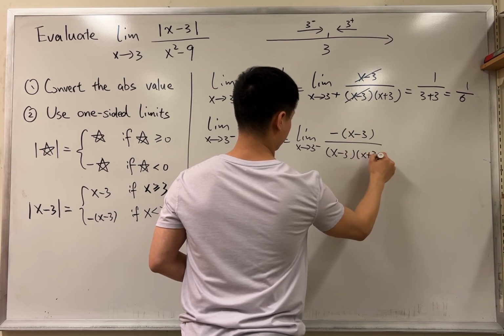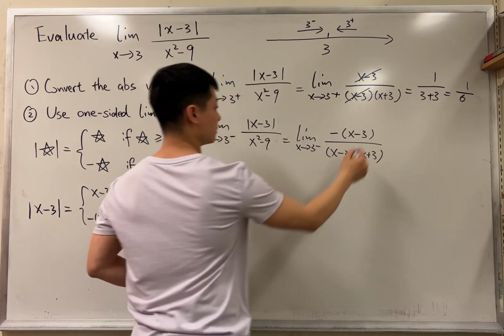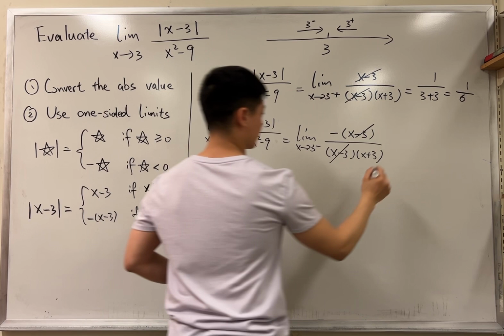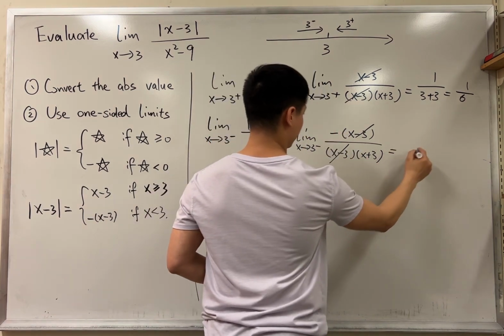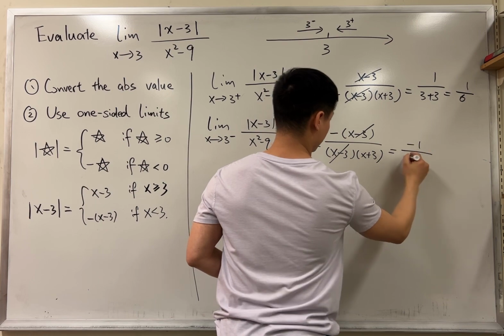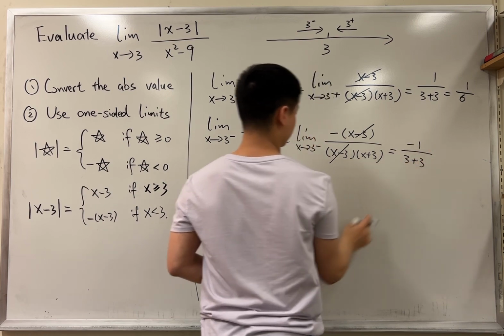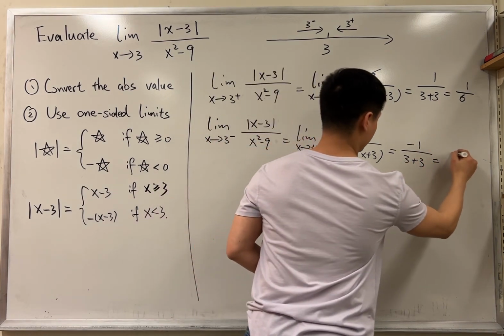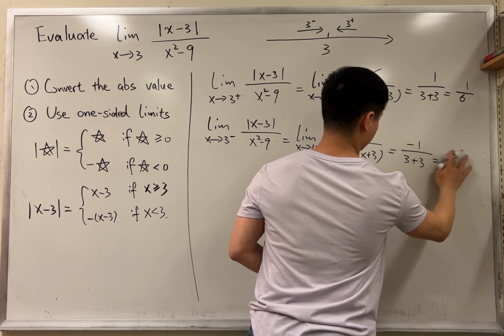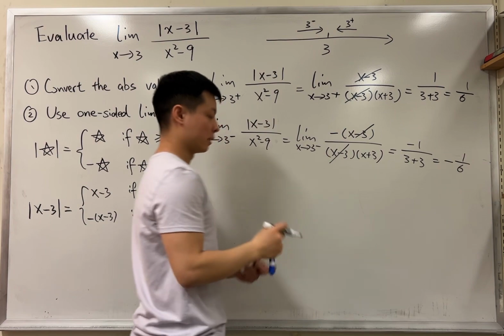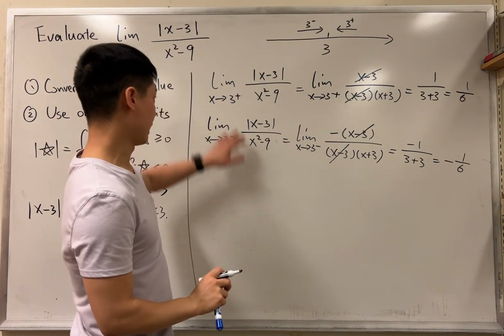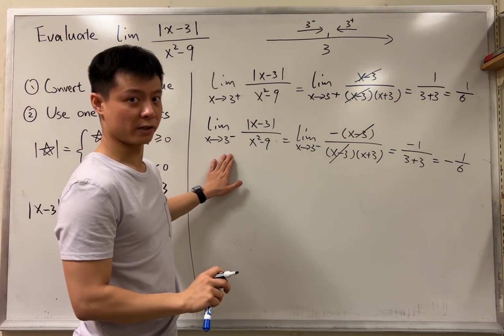And then we cancel x minus 3, leaving us with -1 divided by x plus 3. So we can plug in 3, and that comes to -1/6.